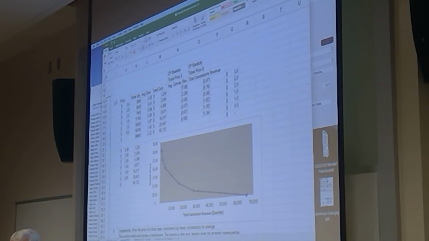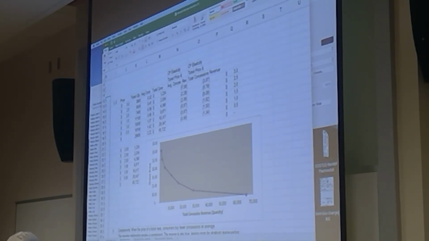Notice that they are not the same. And they're not the same because when you do the multiplication to get up to total concession revenue, then the changes are amplified a lot. And that's why I want you to do both, so that you can see the differences between the two. Okay? So that's 1 and 2.